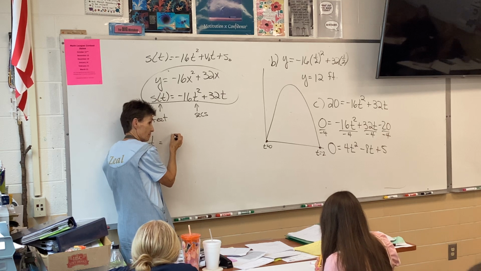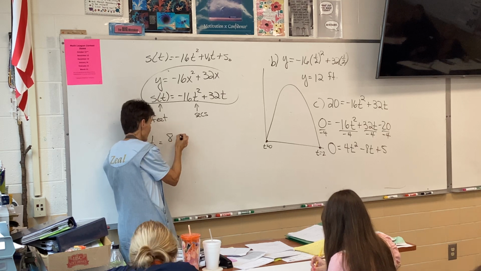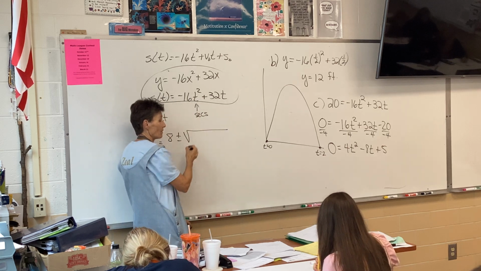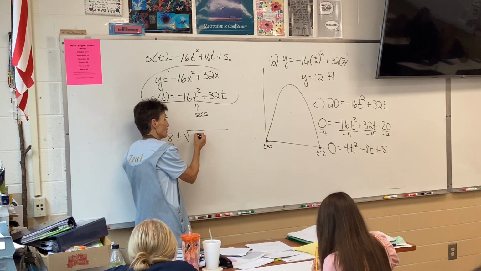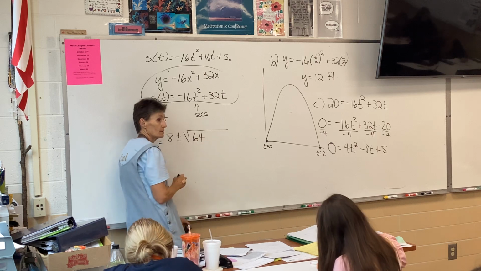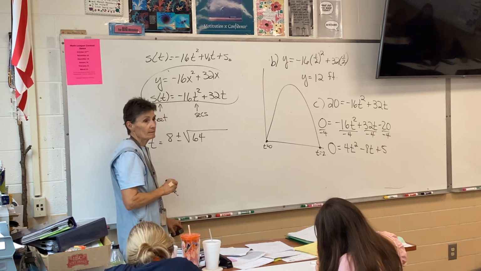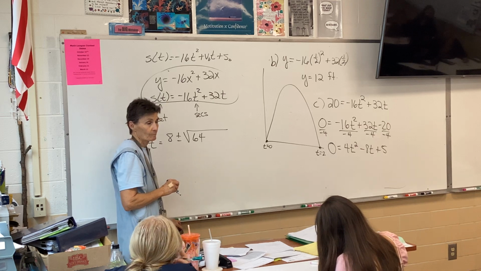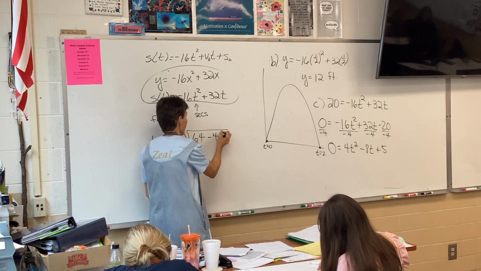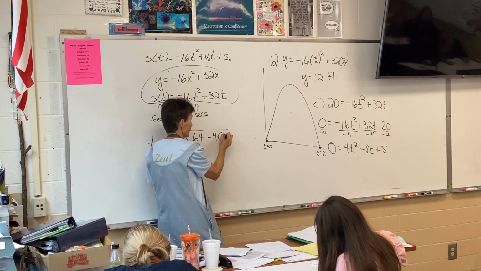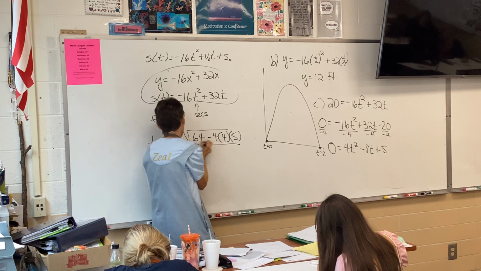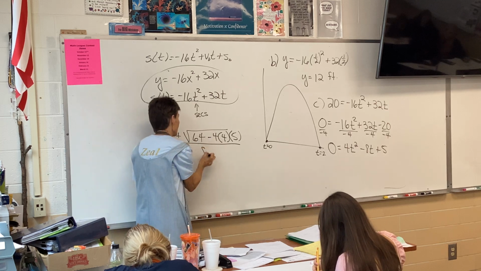Negative b, positive 8, plus or minus the square root of b squared, negative 8 squared, 64. You're squaring it, it's going to be positive every time. Minus 4 times a times c, all over 2a.